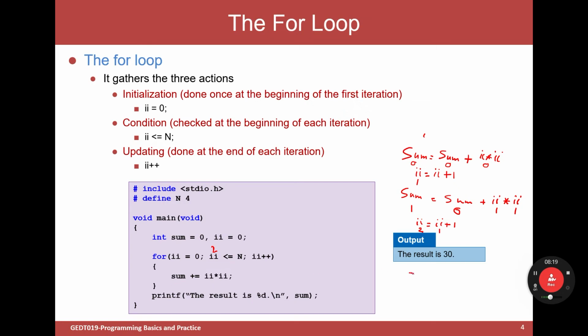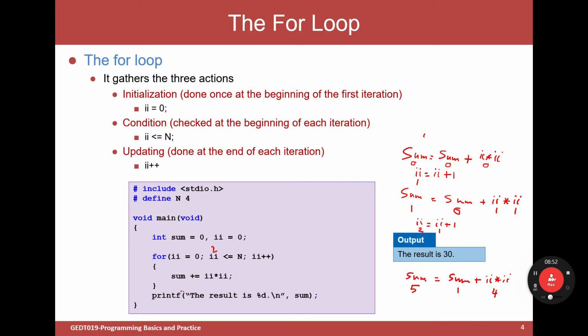It will be sum equal sum plus I times I. And now I here is equal how much? It is 2. So 2 times 2, it will equal 4. And the old sum is equal what? Old sum was 1. So 1 plus 4, and the new sum will be 5. So far we execute this line 3 times.